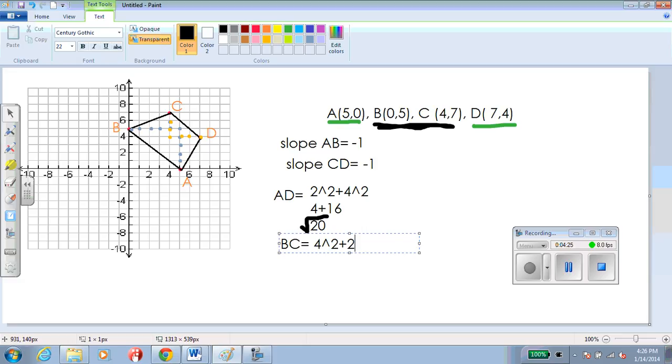So 2 squared goes in my distance formula, remembering that at the end I'm going to have to square root. And just like before, I have 4 squared, which is 16, plus 2 squared, which is 4. So that's 20, the square root of 20.